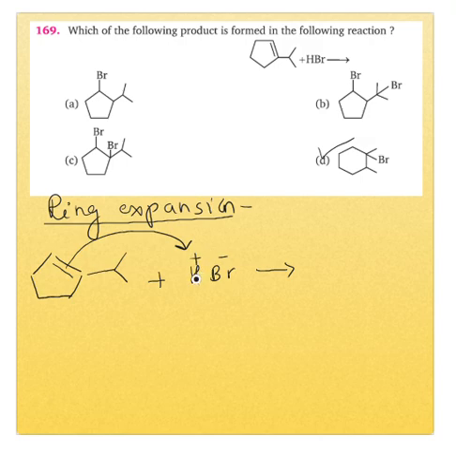Now, this H plus can add either to carbon number 1 or to carbon number 2. But it always goes to the carbon with more hydrogens, because it is obeying Markovnikov's rule. Here we have 0 hydrogen, here 1 hydrogen, so it goes to the carbon with more hydrogens.